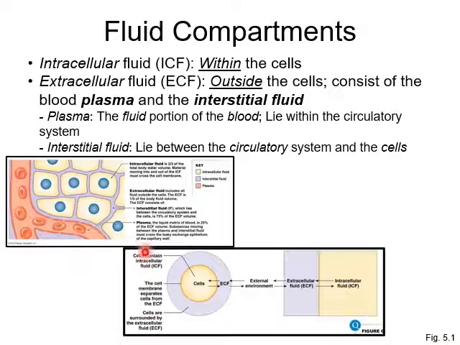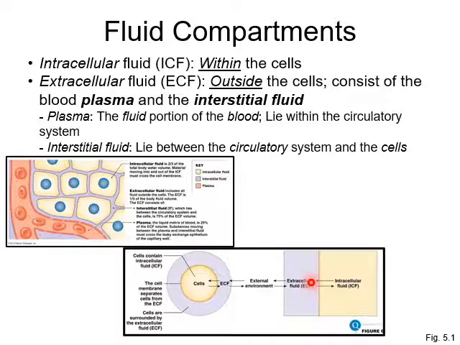So let's look again at the fluid compartments. We've got the intracellular fluid, that's the fluid within the cells. And then the ECF, which is made up of the blood plasma, and this interstitial fluid that basically bathes these cells.